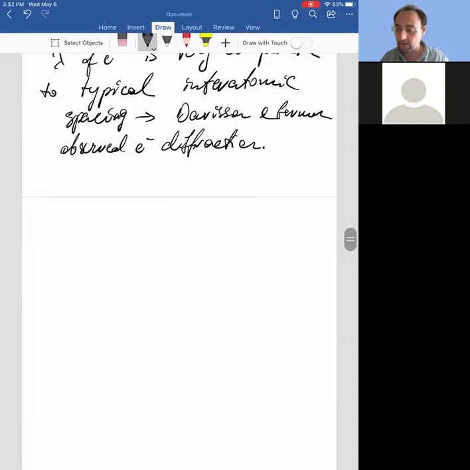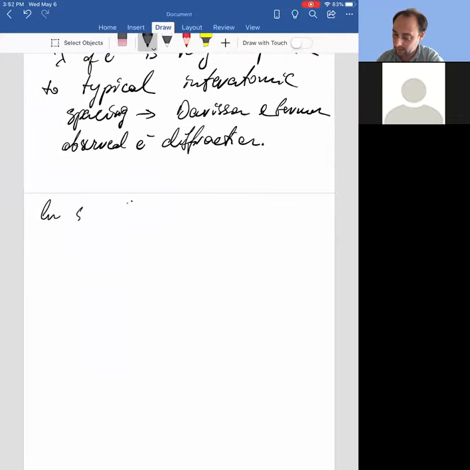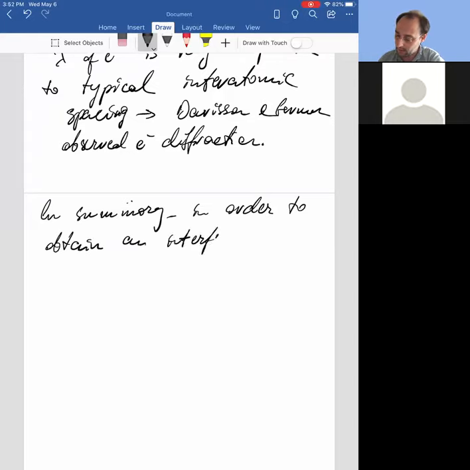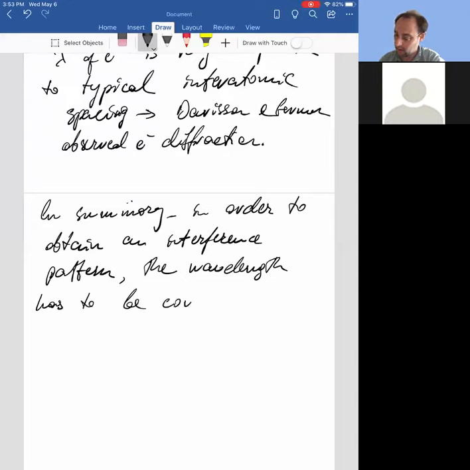Okay? So in summary, in order to obtain an interference pattern, the wavelength, and in the context of a particle, the de Broglie wavelength, but in general, wavelength, has to be comparable or larger than.